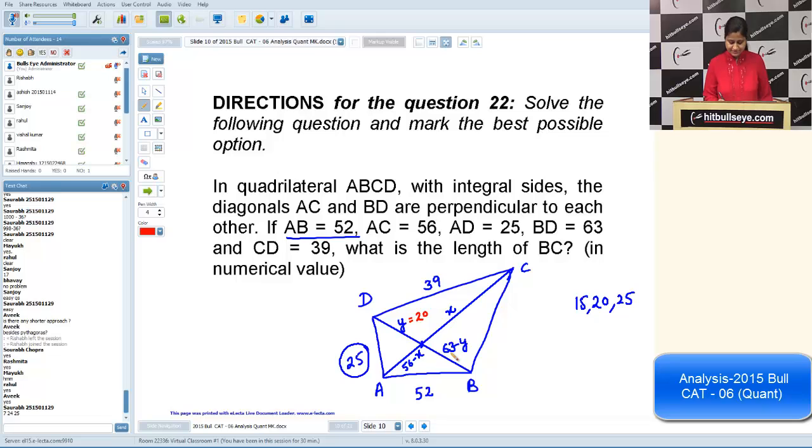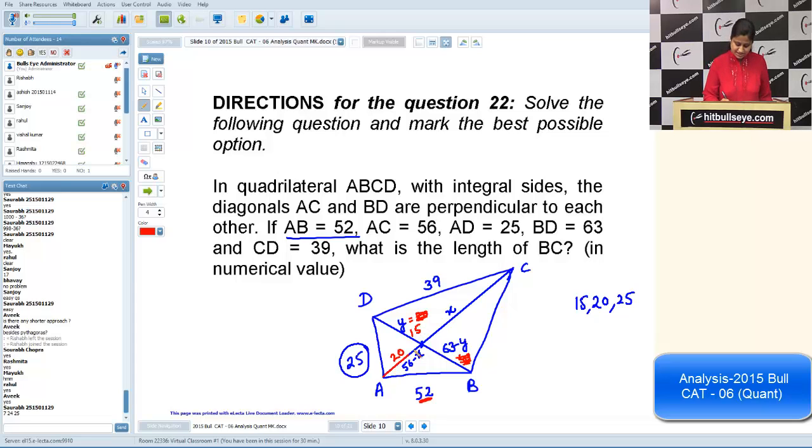If this is 20, 63 minus 20 is 43. We don't have any Pythagorean triplet with 43 and 52, so I'm not considering this. I'm leaving this. I'm considering this as 20 and this as 15.